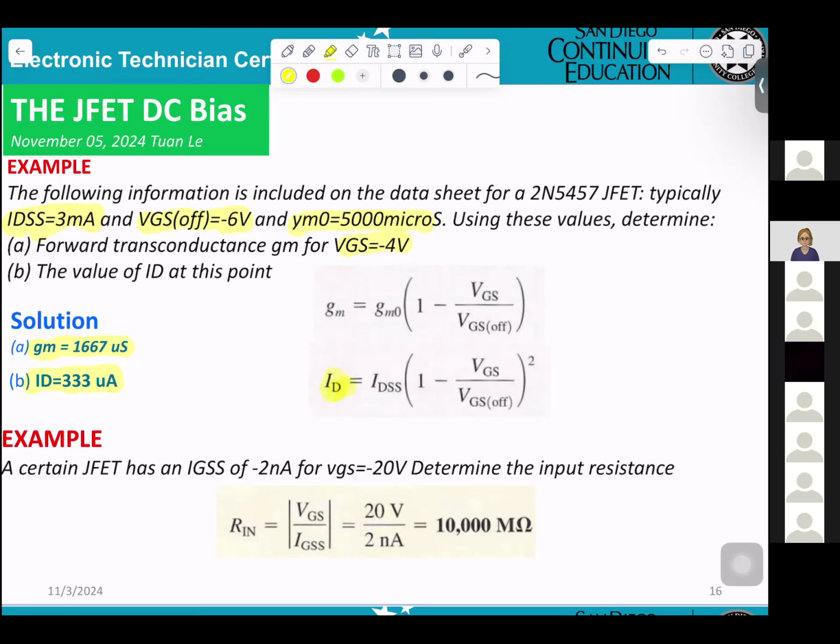Try to be more active, okay, in the program. Okay, who get the GM correct?